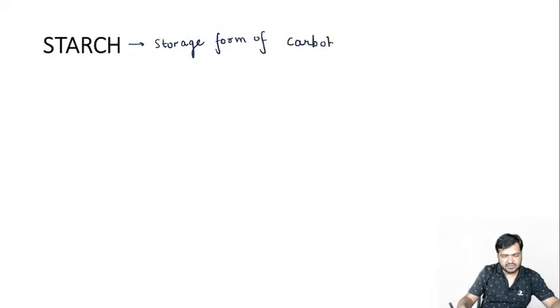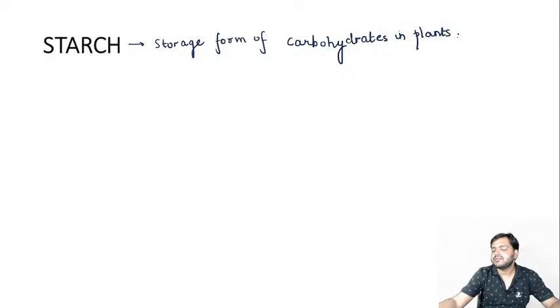Coming on to the next structure, that is starch. And remember that starch is the storage form of carbohydrates in plants.